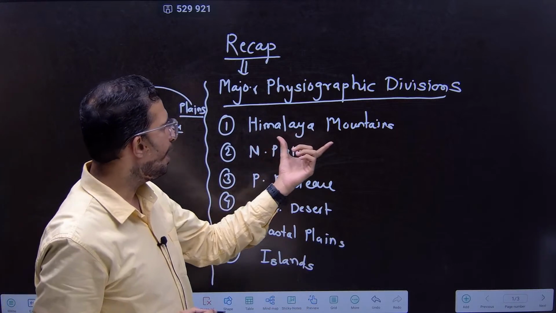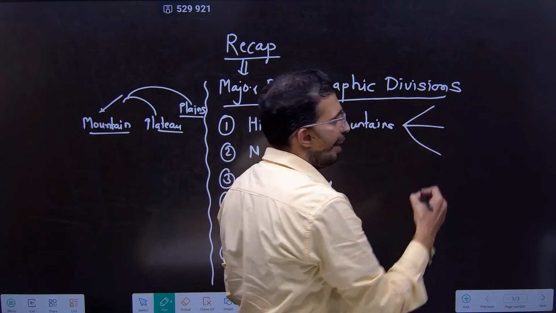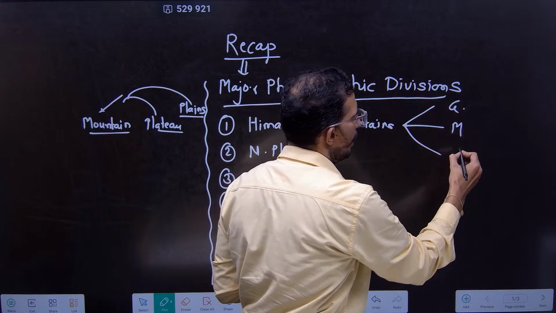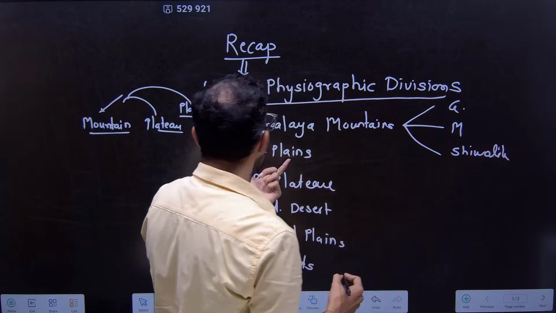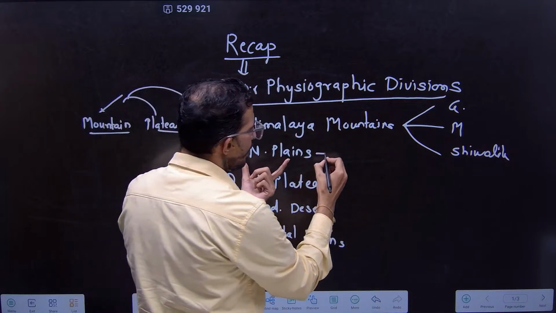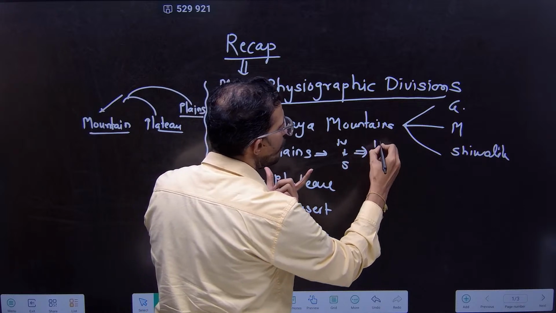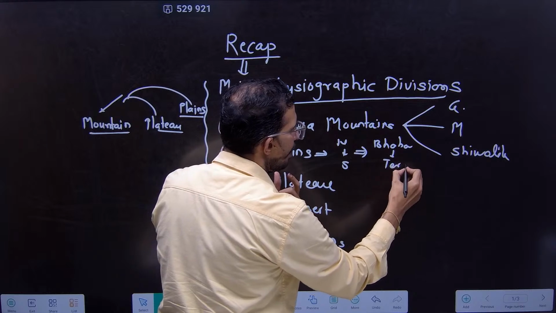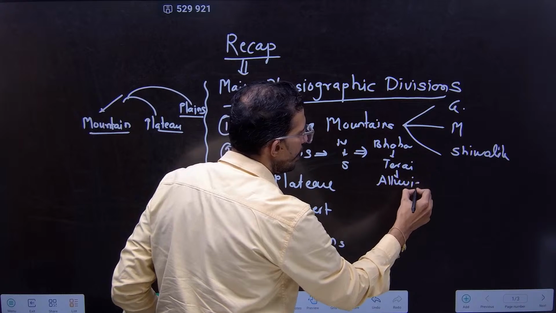Regarding the Himalayan mountains, we saw 3 ranges: the Greater Himalaya, then Middle Himalaya, and then Shivalik range. Regarding the northern plains, we saw the northern to southern zonation: first the Bhabar region, second the Tarai region, and third the alluvial region.